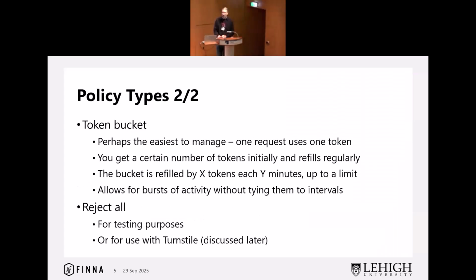Then we have a token bucket, which in my opinion is the most versatile and easiest to manage. You get sort of a bucket of tokens that you can use, and the tokens will be replenished after a certain amount of time. So say you start with 100 tokens, so you can do 100 actions. In VuFind, every action is usually 1 token.